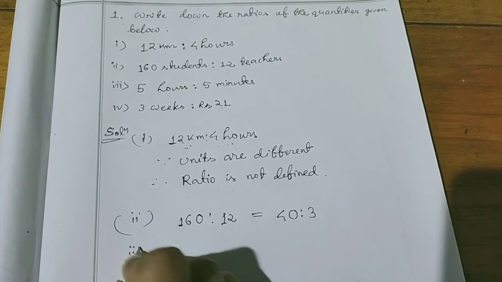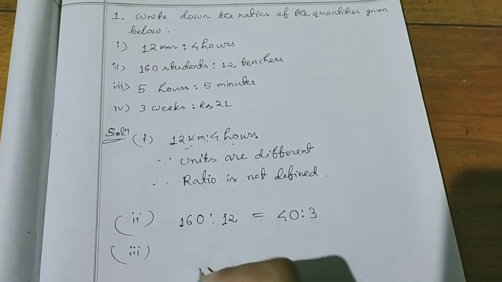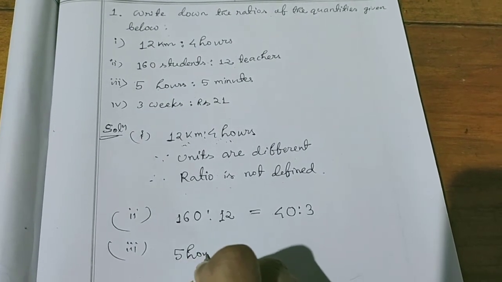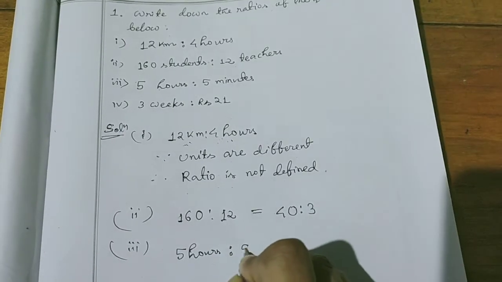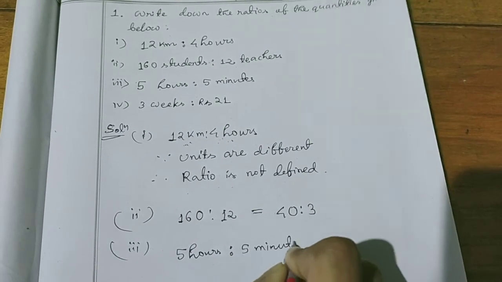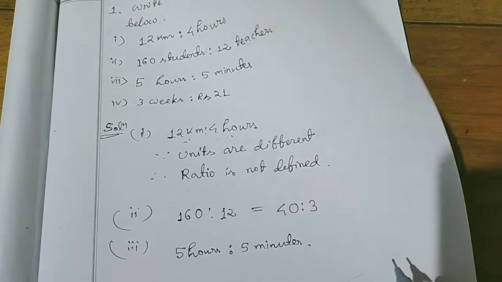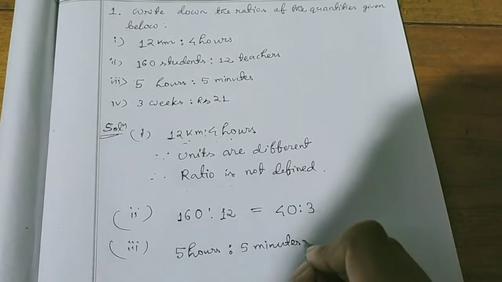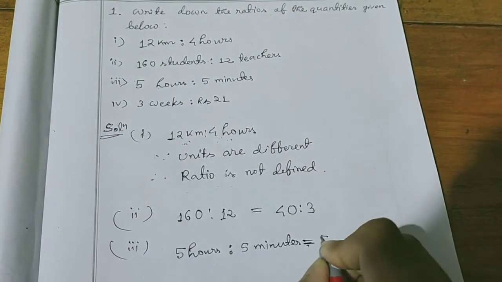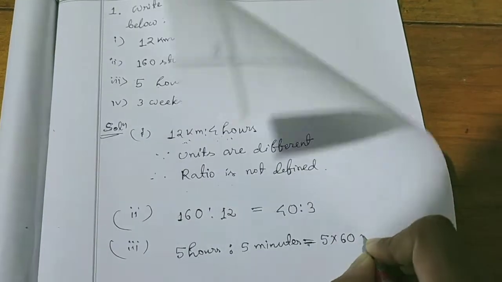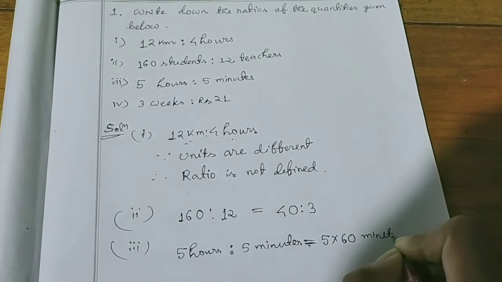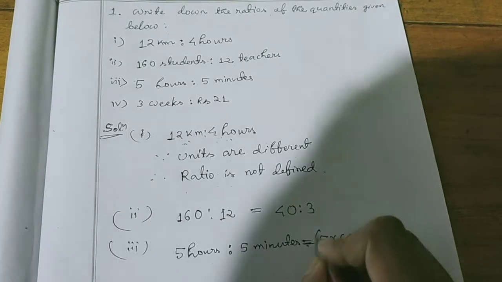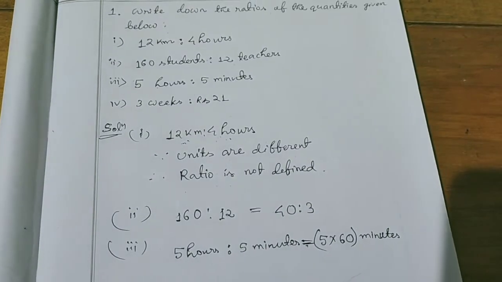Then number 3, 5 hours to 5 minutes. Now we can convert this: 5 hours is 5 into 60 minutes.